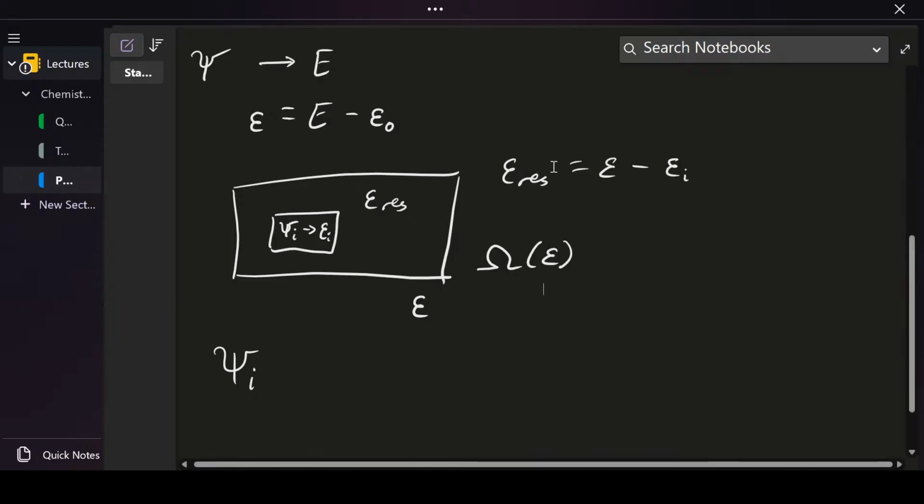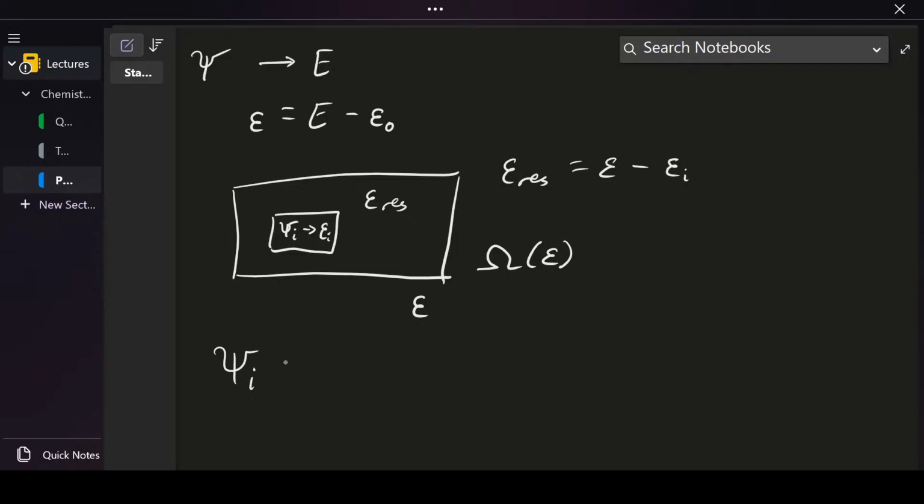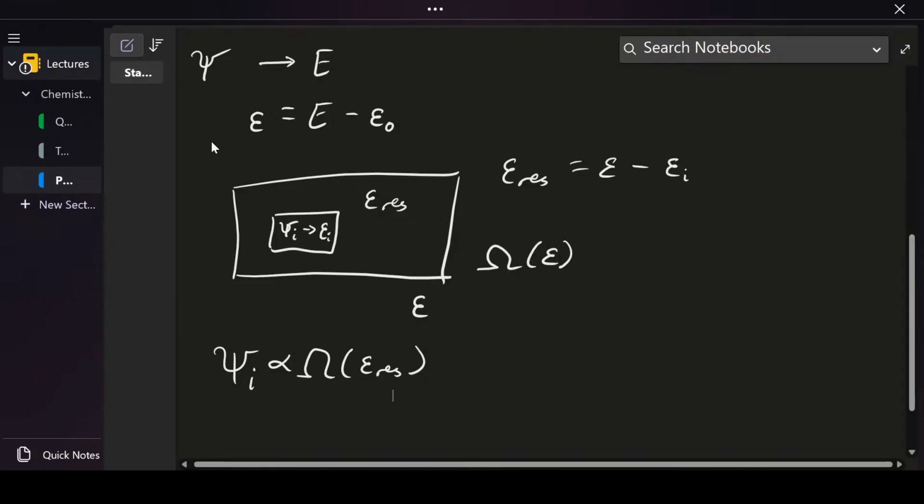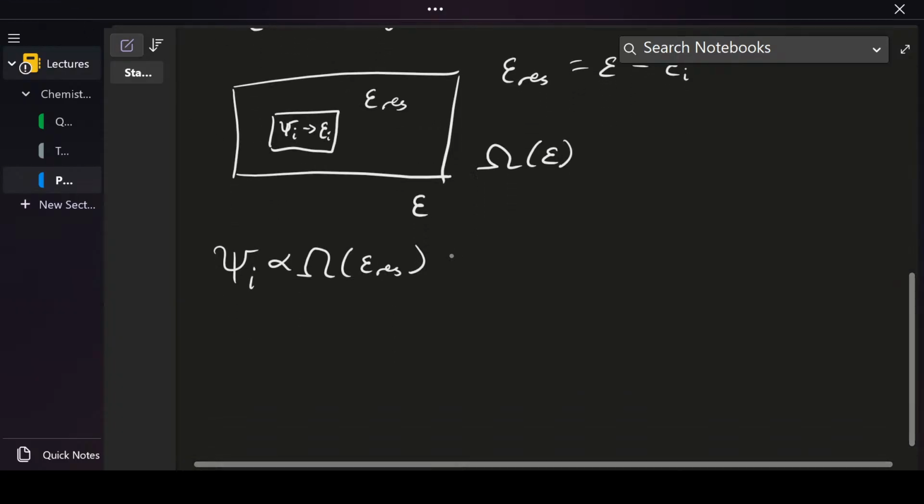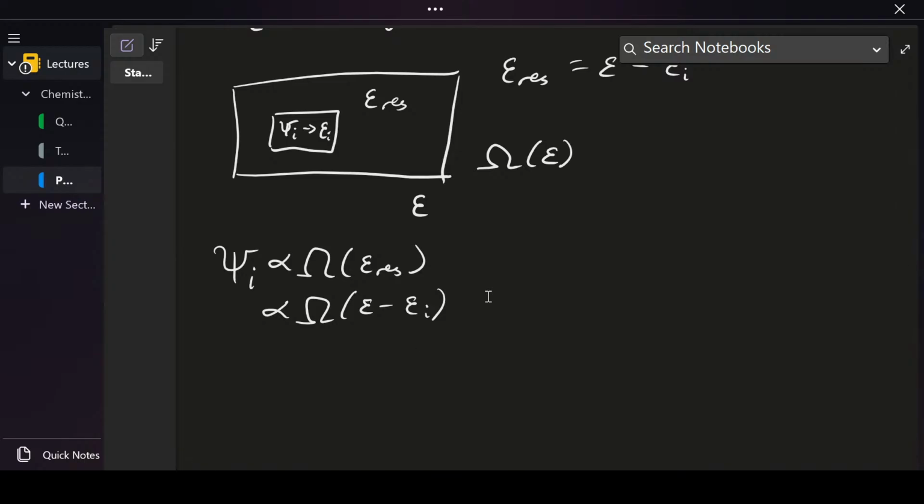And so in the end, it turns out that the probability of psi I is just going to be proportional to omega of epsilon res, which of course was equal to epsilon minus epsilon I. Now anyways, omega is all about counting, and so it's probably going to have some factorials in it, some exponents in it.